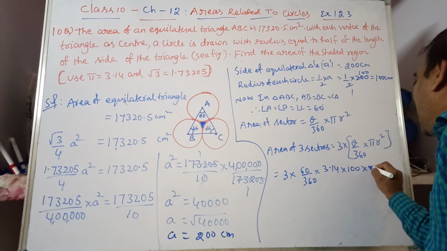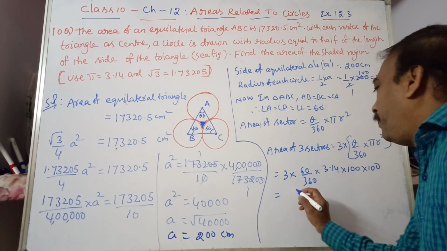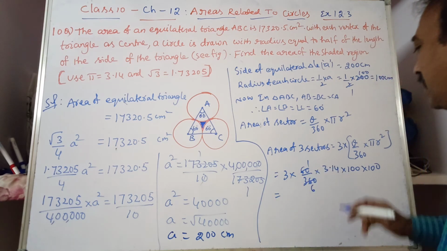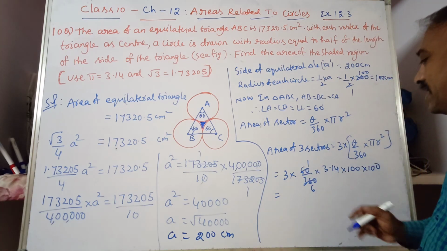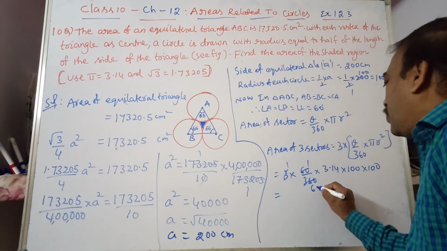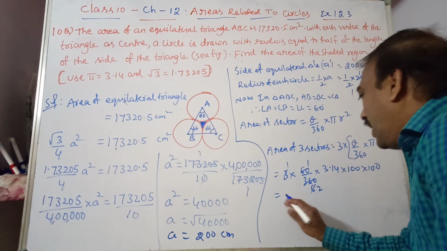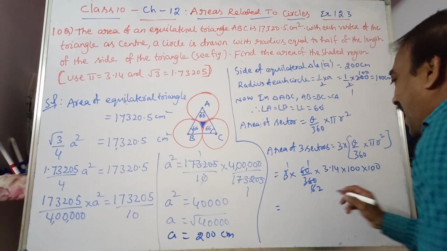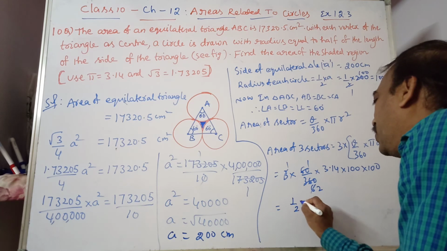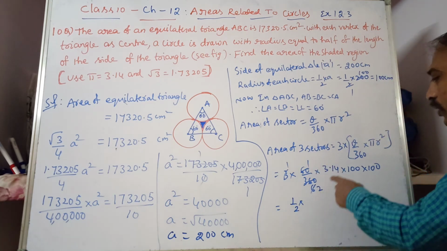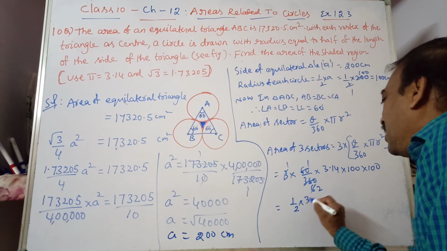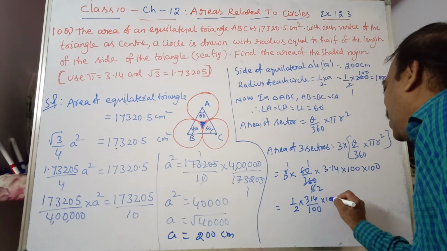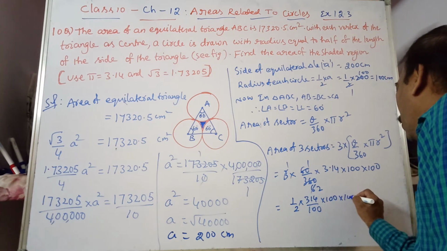R square is 100 into 100, which is equal to... so here 60 ones are 60, 6 sixes are over, observe it. 3 ones are 3, 2 threes are over. Now I will write one more step over here. 1 by 2 is left, 1 by 2 into 3.14. I am writing 3.14 as 314 by 100, so that it is easy for us to calculate, into 100 into 100.